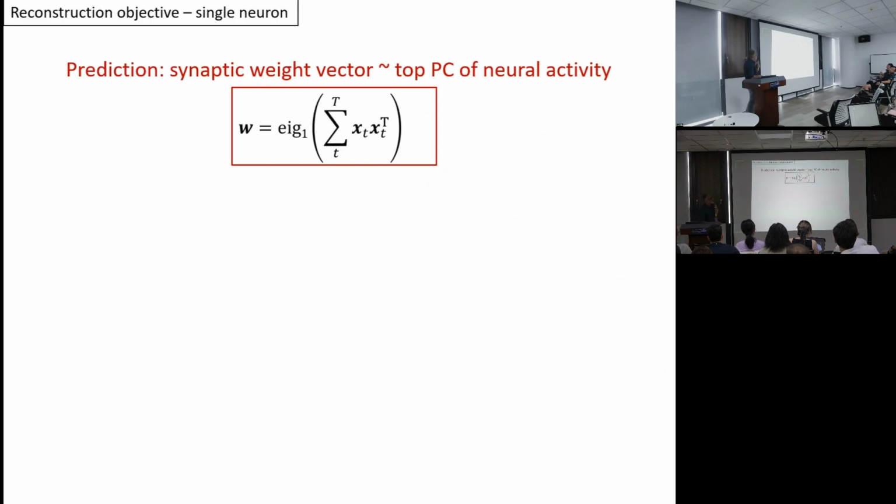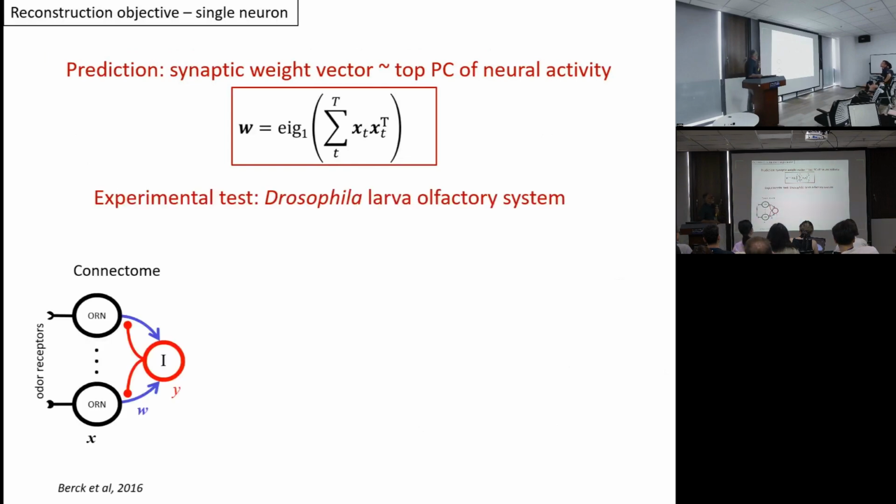We decided to test this prediction, and the prediction is that the synaptic weight vector will be the top eigenvector of data covariance, so that would be the principal component. And we were able to test it in a relatively simple neural circuit, the olfactory system of a Drosophila larva.